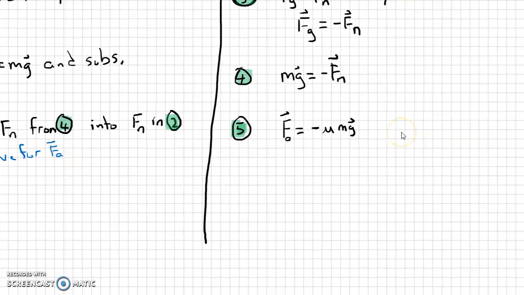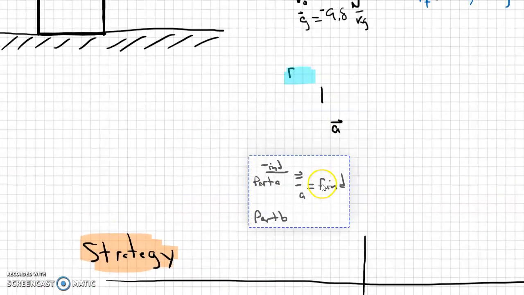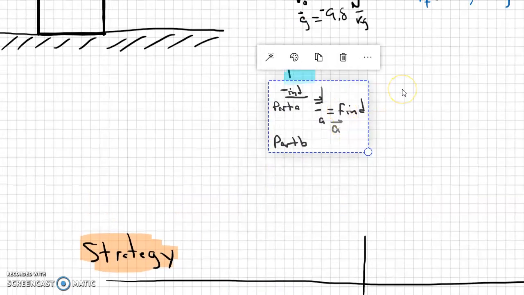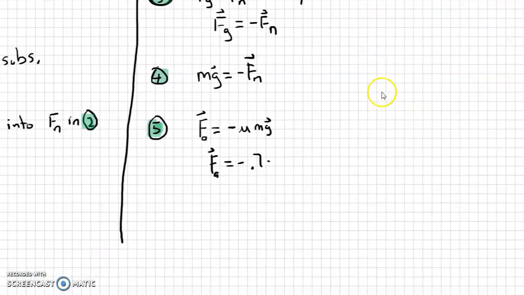So let me go ahead and substitute in some values and let's see what we get. So the vector force applied equals the negative, and again, in our part 1, it's 0.7. The mass, I forget what that was. Let's go up here and look. I wrote it down. Let's see, it was 50 kilograms.